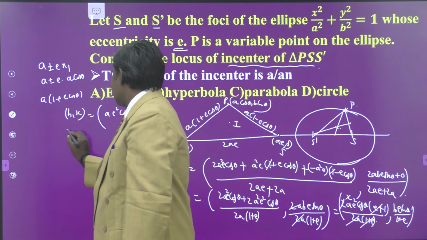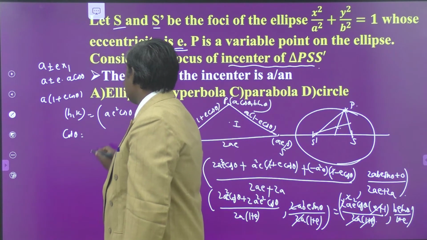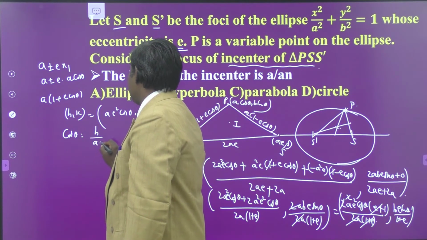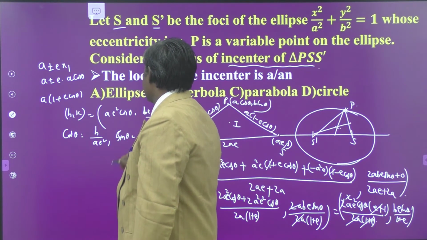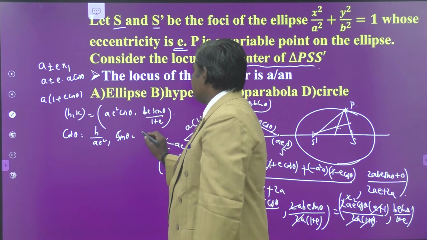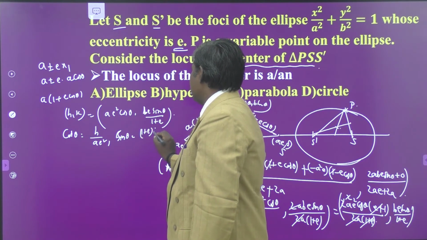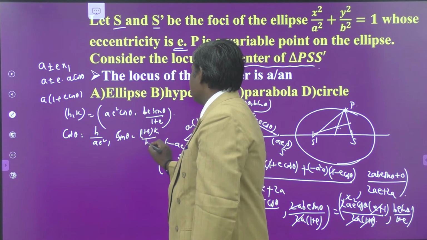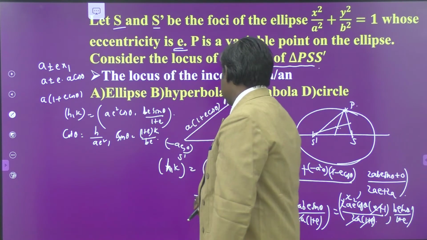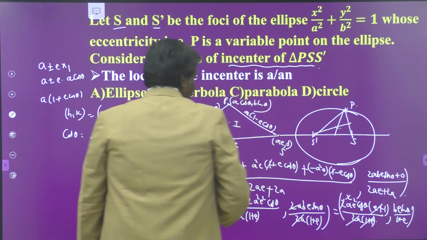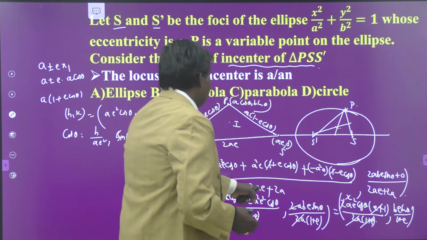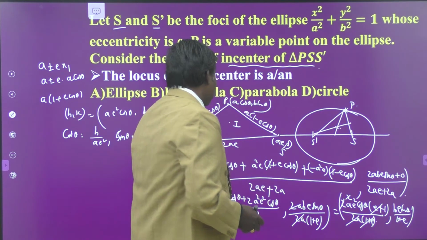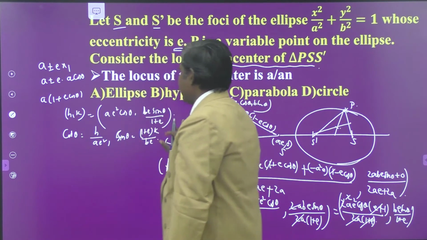What about cos theta? Cos theta is equals to h by a e square and sin theta is equals to 1 plus e into k by b. Okay. This is nothing but 2a into e plus 1. So this is the way.